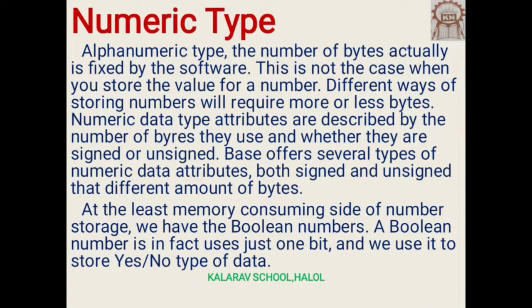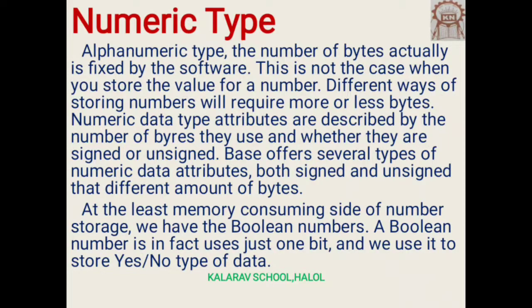Base offers several types of numeric data attributes, both signed and unsigned, that use different amounts of bytes. If you want to enter numeric data, you can use the number data type, both signed and unsigned.